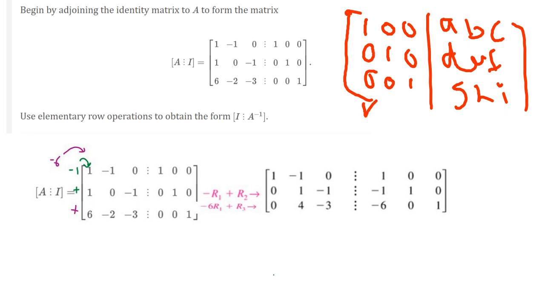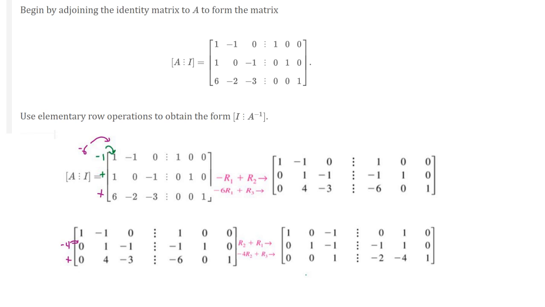Now we're going to work on making this a 1. And if you notice, it's already a 1, so that's perfect. Okay, so now we're going to use that one to make this top one a 0 and the bottom a 0. And so we're going to use row operations again so that we can change that. Okay, so let's go on.